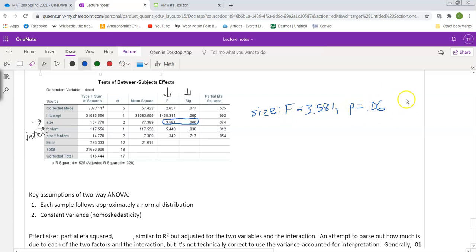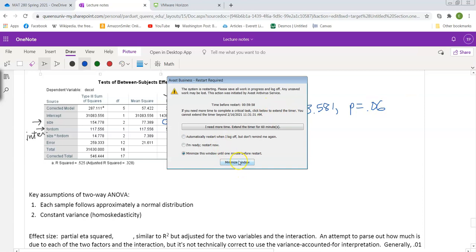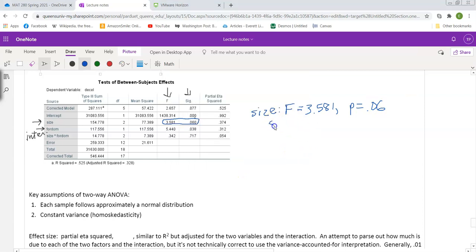This P value is too large. So no main effect of size. Let's look next at the foreign or domestic.